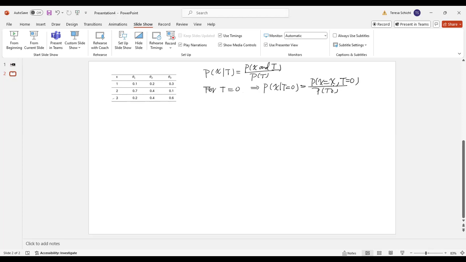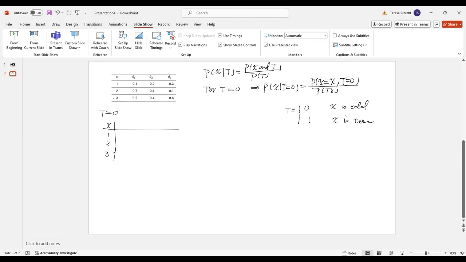Now let's take a look when T equals 0. Let's do this in a tabular form. My x values still are 1, 2, 3. Based on the definition of T, T equals 0 if x is odd, and from the previous page, T equals 1 when x is even.